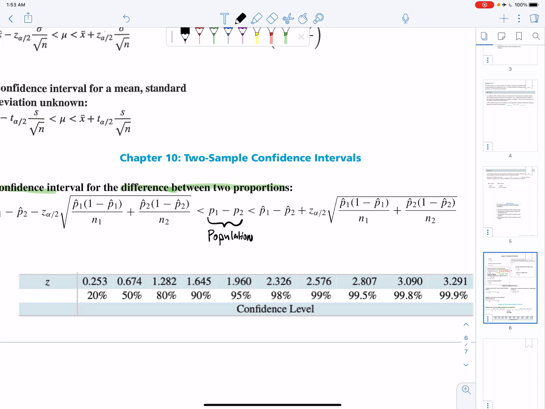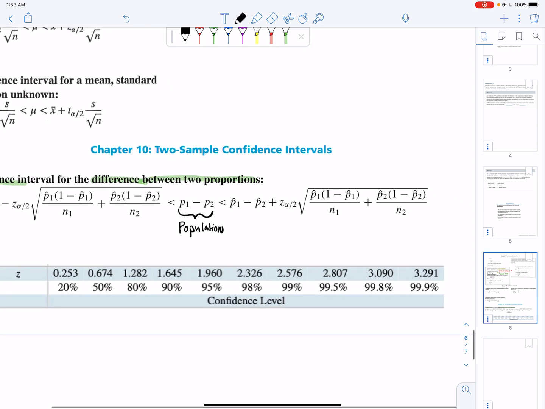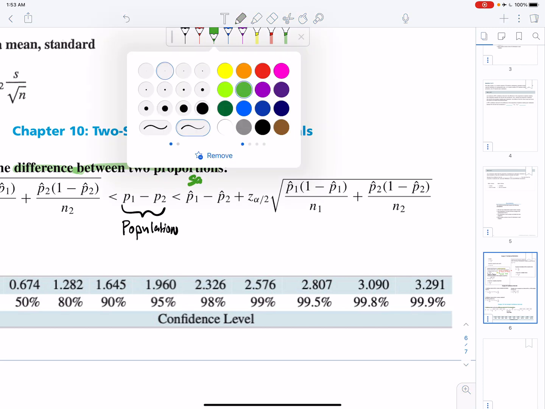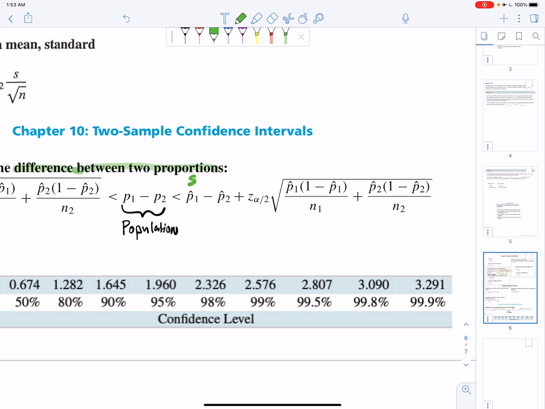So what I do is I get myself a point estimate, which is like the next best thing, right? If I want to know what my population proportion is for my first population, the next best thing is to get a sample.